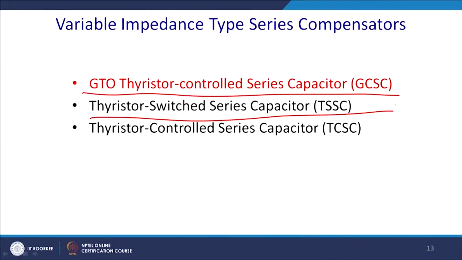You can only change the alpha to control the flow of the current through the capacitor. In that way, you control the impedance. So, action will be taken after 10 millisecond only in case of a 50 hertz system. And then the thyristor controlled series capacitor, TCSC, that is also thyristor controlled.